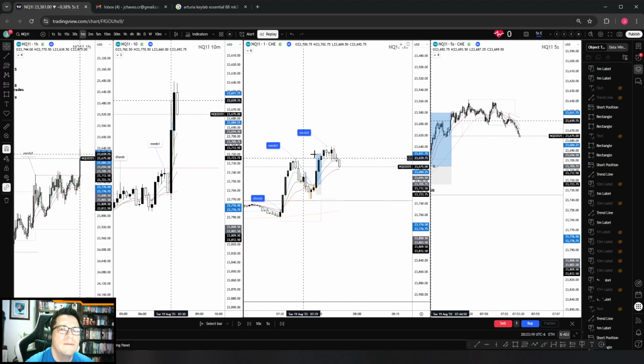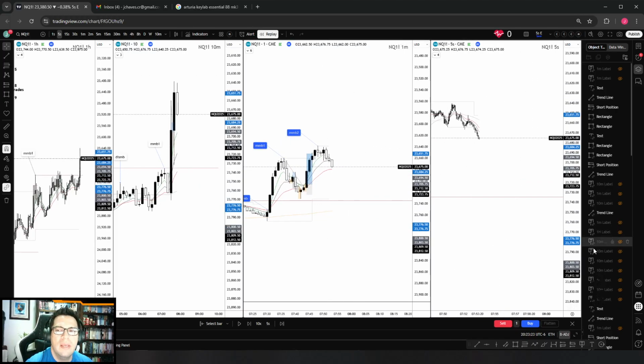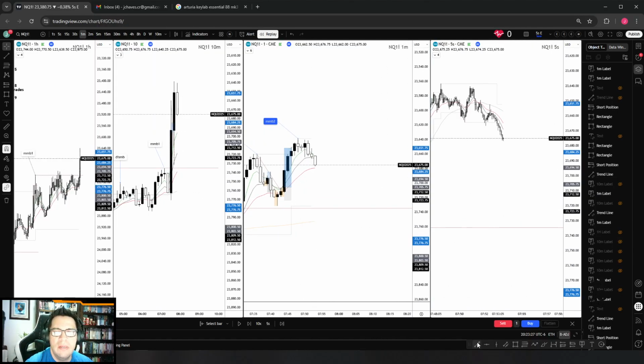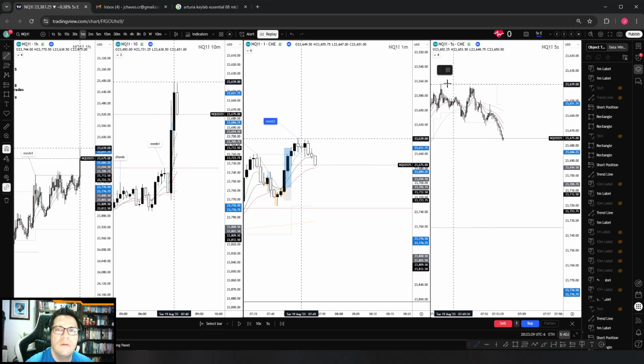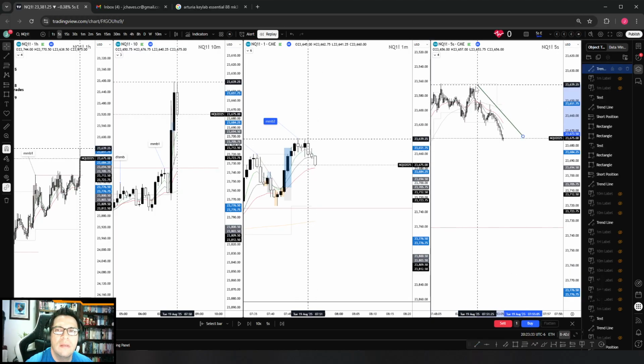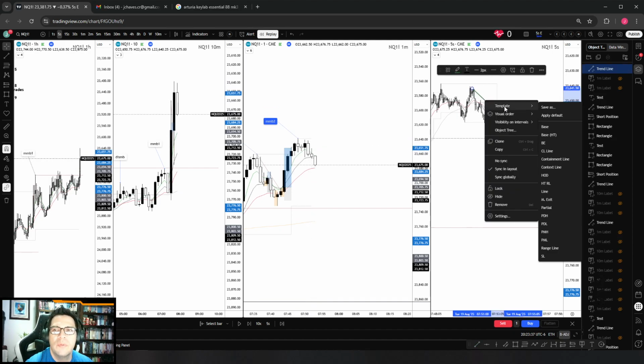I would say probably MMB2. Now we're getting once again a flush into the 20 EMA. So we're gonna follow this one to see if this could lead to any entry opportunity.